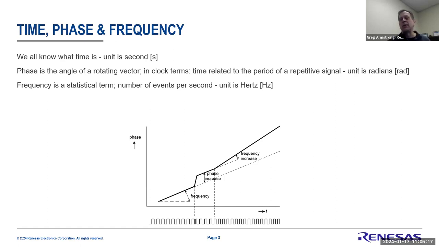A lot of times we read it as a period, so we talk about it as nanoseconds or some unit of time. And that gets us to time. What is time? Well, typically units of second. And really, you can look at time itself as just a label onto that repetitive event, to say this is when it occurred with some reference to an absolute source, such as a startup time, and things like that.